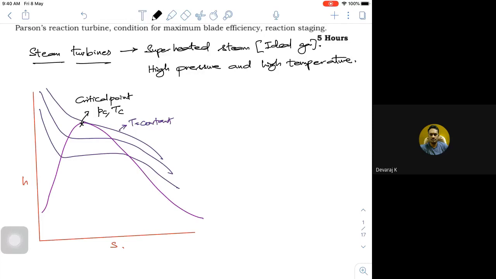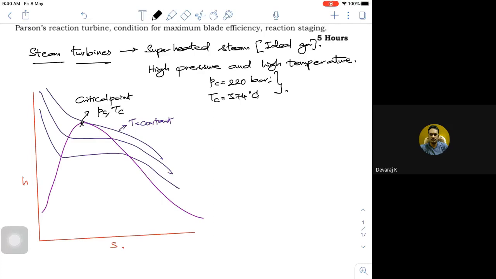Fine. So if you look into your steam tables, the value of the critical pressure is roughly around 220 bar, and the temperature is around 374 degrees Celsius. These are my critical values.